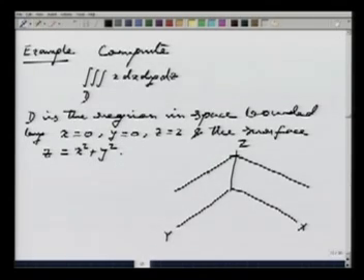My region D I can very easily draw now. This is the intersection with z equal to x square plus y square. The region is actually the inside portion. Okay, so this is the region on which I want to integrate my function x dx dy dz.